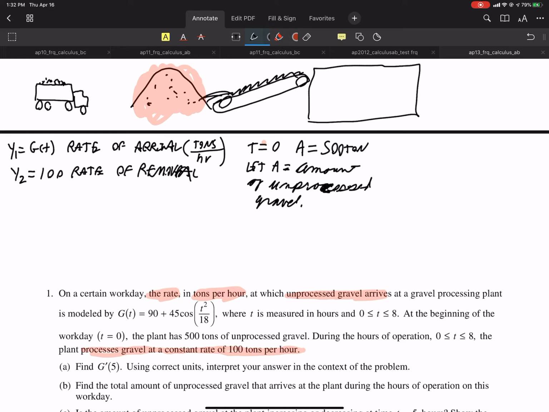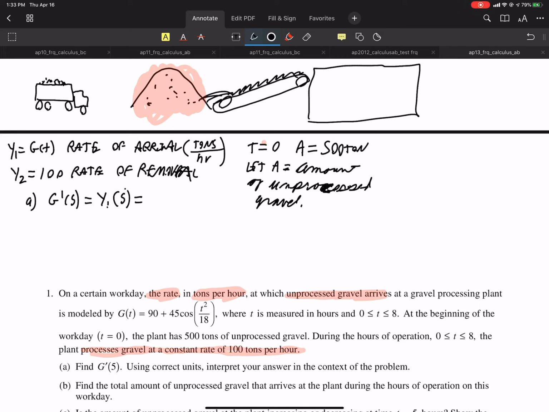So part A says, find G prime of 5. That's pretty easy. In our calculator, we just plug that in, which in your calculator would just be y1 of 5. And you can literally just put that on your screen, which I'm going to do now. Make sure your mode is in Radian mode.